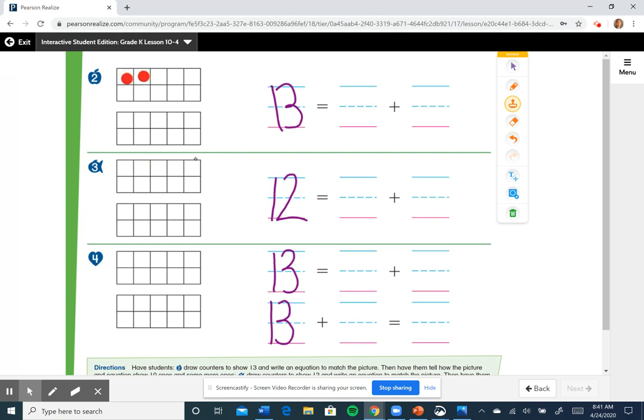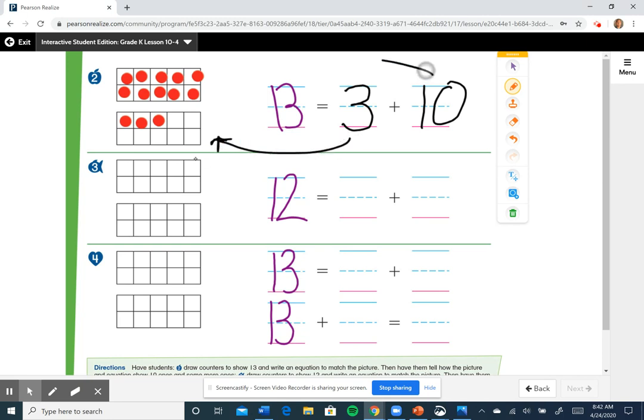So that means one of these 10 frames always has to be full. So we have 10, and we're going to keep counting. 10, 11, 12, 13. Now I could write the equation like this if I started with 3 first, and then 10. I could, because is there a 10 frame of 3? Yep. Is there a 10 frame of 10? Yes, there is.